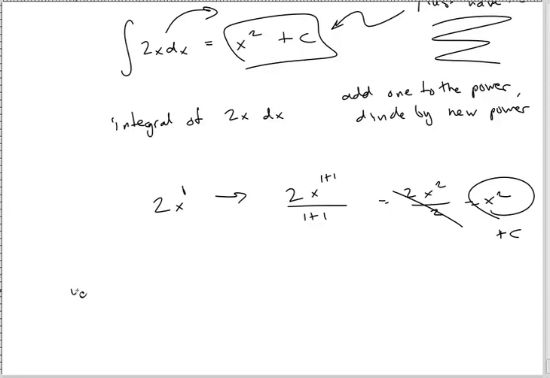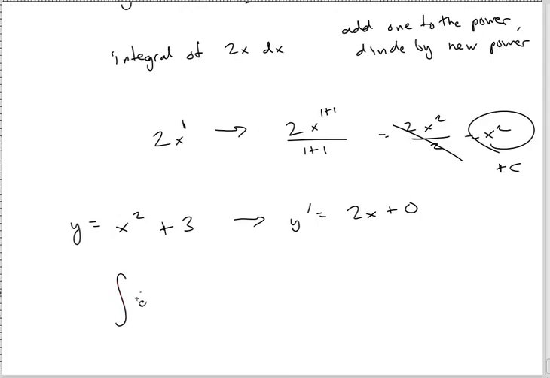Let me show you another example, and I'll show you why the plus c is important. Let's say I have this guy, and then I'm going to find my derivative. Well, that's 2x plus 0. Cool? Awesome. So then what's my integral of 2x plus 0? It's x squared plus 0 plus c.